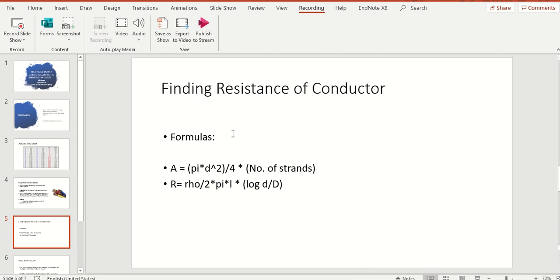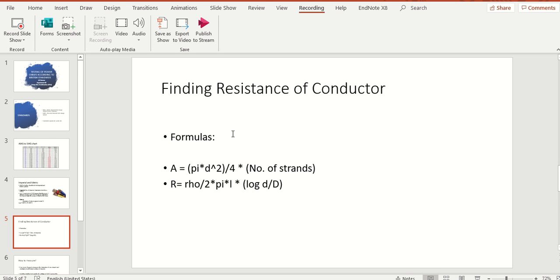Now coming to finding the resistance of the conductor, there are two basic formulas. The first one is A is equal to pi d square over 4, that I was talking about. So you just need a vernier caliper or a screw gauge. Screw gauge is more useful in this case, because, as you must have performed in the applied physics labs at the start of your degree, a screw gauge has a higher resolution than a vernier caliper.